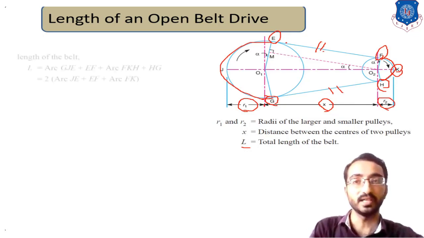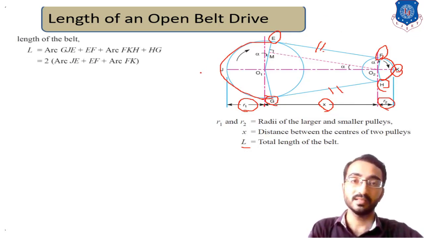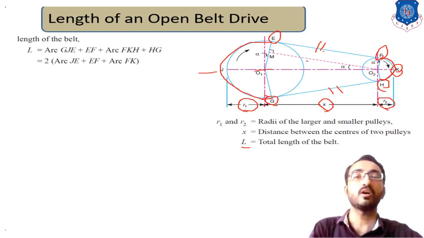Now in this diagram you can observe that the object is symmetrical about the horizontal axis.